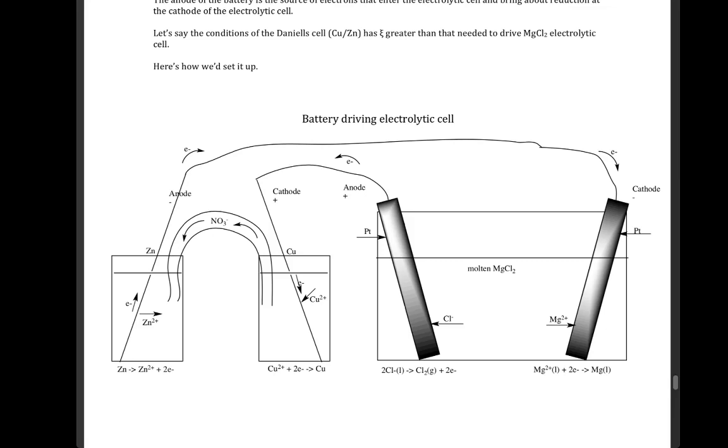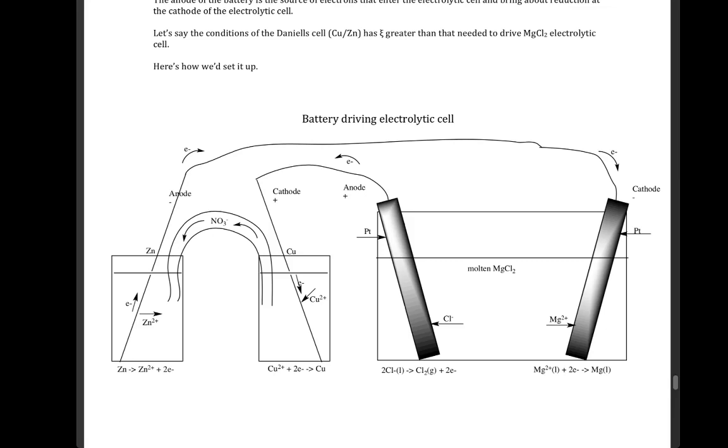Alrighty, so in our battery, electrons are going from the anode away, and then the electrons are wanting to go to the cathode of our battery. Notice the signs of our battery electrodes: anode negative, cathode positive. Okay, so we hook up the anode of our battery to the cathode of our electrolytic cell.